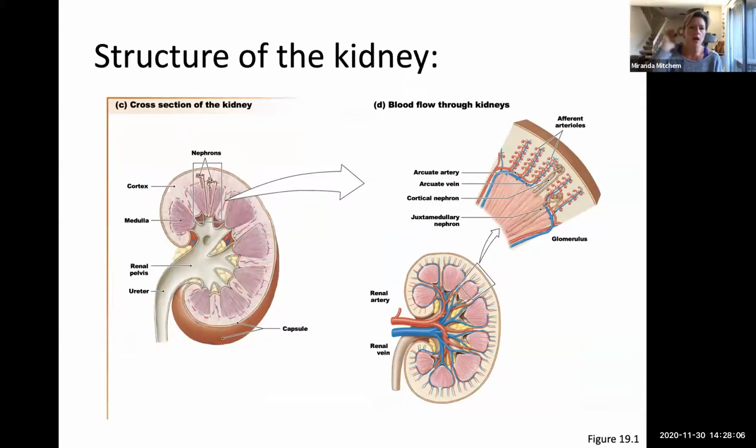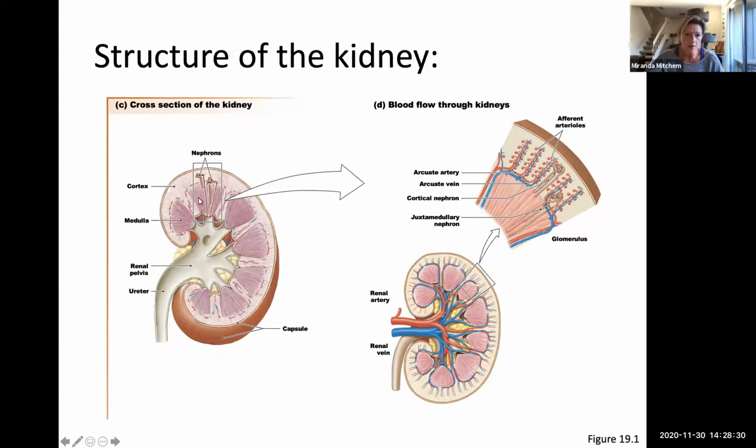Now, looking at a cross section of the kidney, so if we're to cut it in half, this is what we would see. So notice there are different colors to indicate that there are different structures, and different structures are associated with different functions. So the cortex, this outer lighter color, is where 80% of the nephrons are.